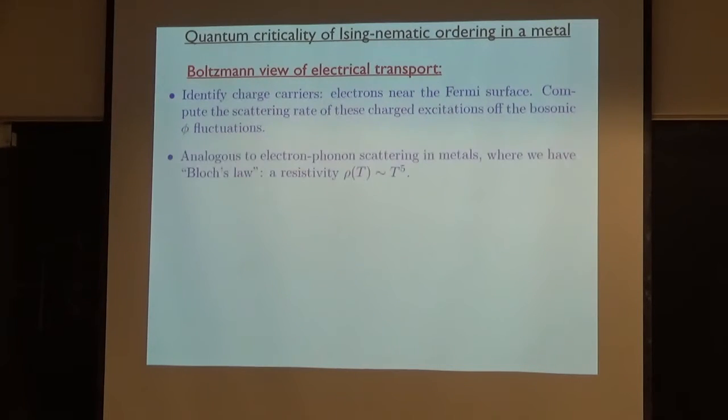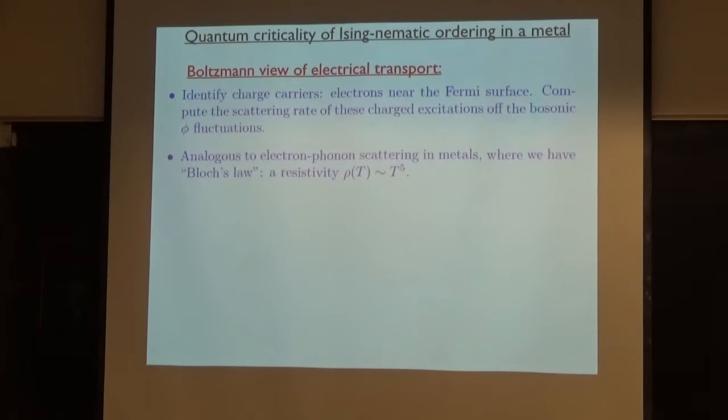Now, if you carry that out for electron-phonon scattering, you would get Bloch's law, which is T to the 5th. This goes back to 1932 or so. Soon after the discovery of quantum mechanics, Bloch predicted the resistance of metals at low enough temperatures goes as T to the 5th.